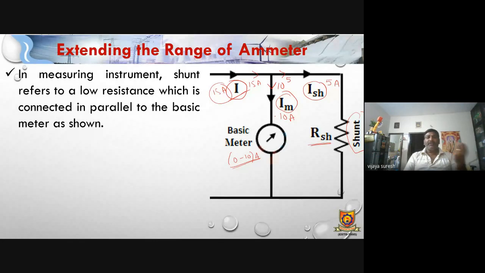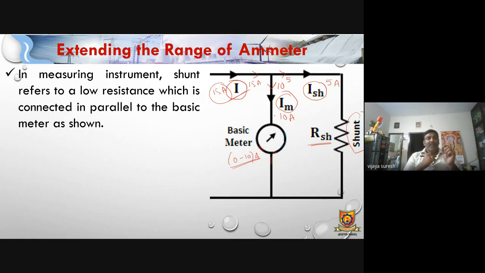Now here we are using an ammeter, so in parallel with the ammeter, I am going to connect a shunt resistor. What will happen? The meter receives 10 amps of current and the remaining 5 amps passes through the shunt resistance.